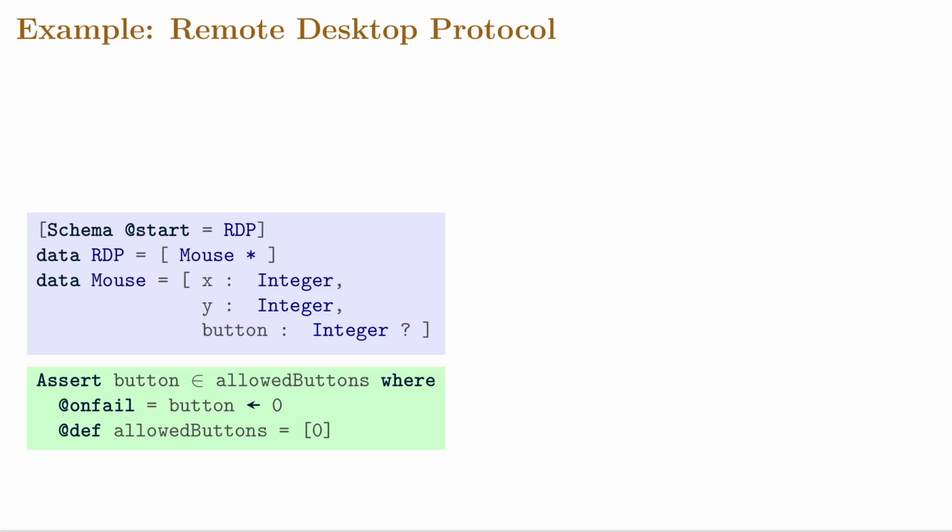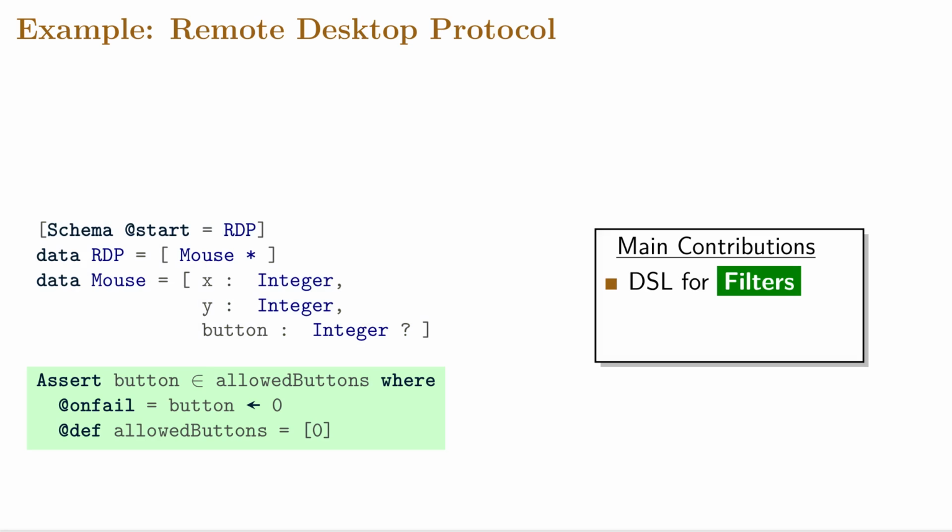I've given you a short specification here in our language where we are checking that the button in an RDP packet is only within a list of allowed buttons. So if the button is not in that list, then our system is going to trigger a repair action, which is going to change the button number. And this repair action is going to make sure that the assertion holds.